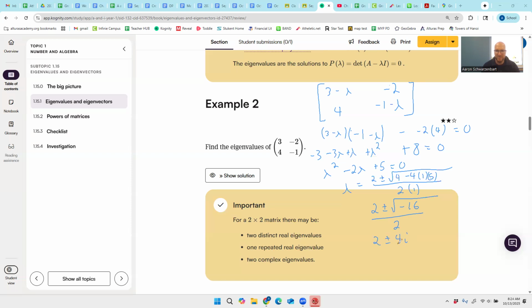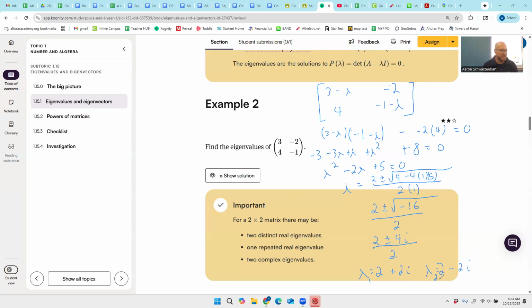And we have complex eigenvalues at 2 plus 2i and 2 minus 2i. And those are my two lambdas. It does not matter which order you put them in.